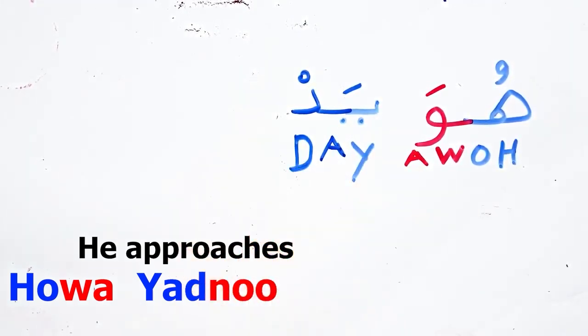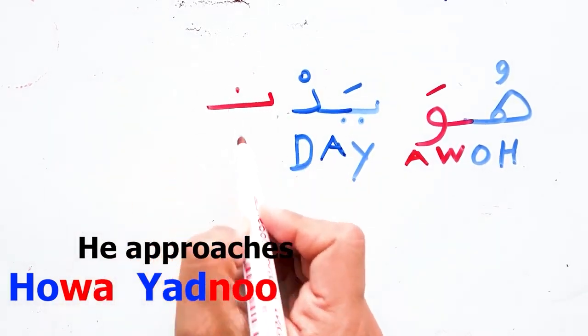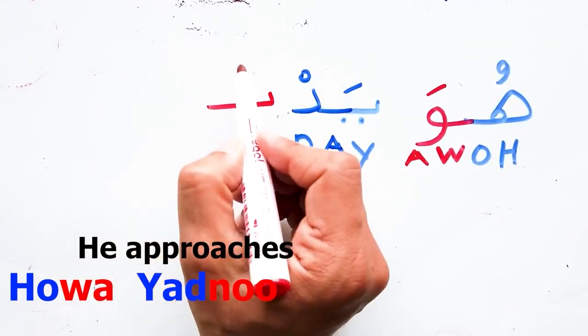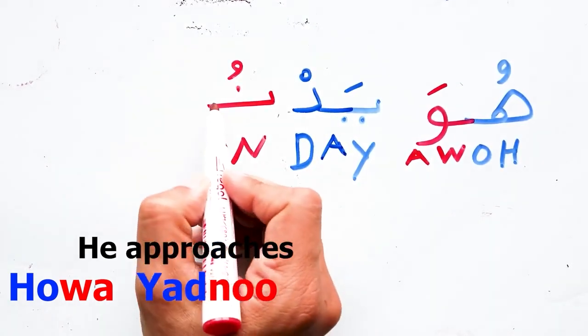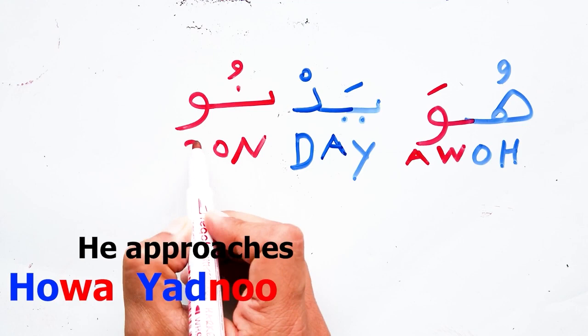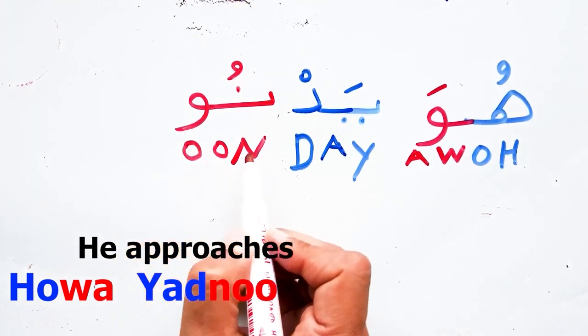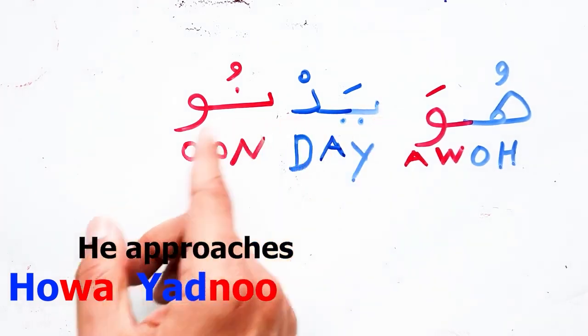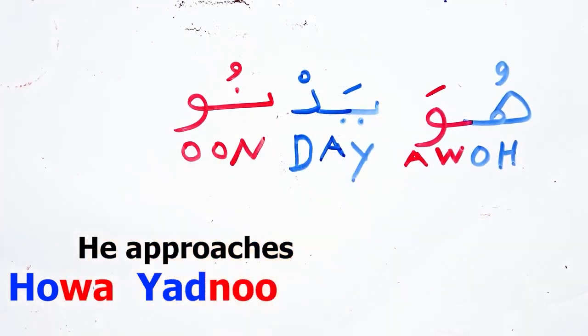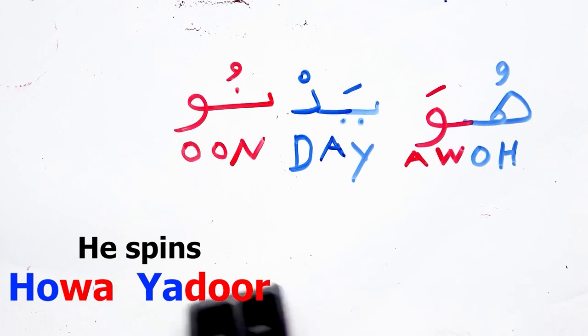Yed. هو يد no. The sound of N, and I say nu. I have the sound of O, and I say yed nu. Another sound of O, so it's long vowel. Nu, yed nu. هو يدنو. هو يدور.